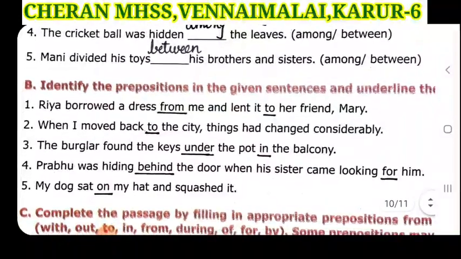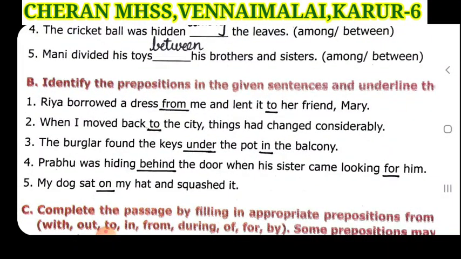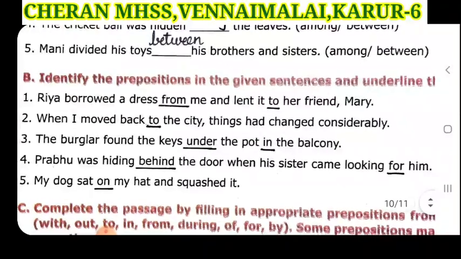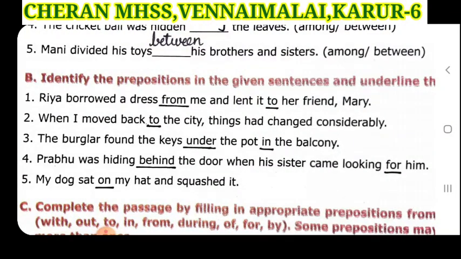Next Roman, identify the prepositions in the given sentences and underline the prepositions. Here they may not ask like this. It may be given as fill in the blanks. Just let's recall this. First one, Ria borrowed a dress from me and lent it to her friend Mary.